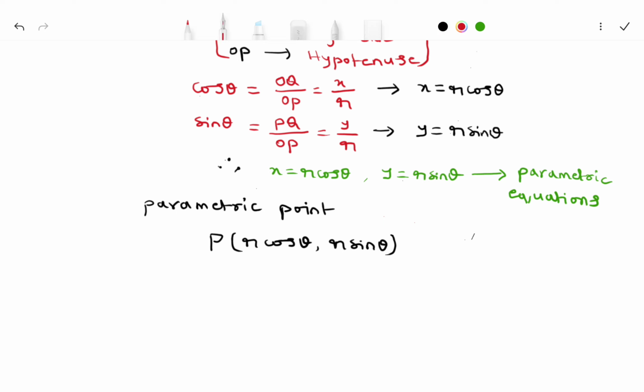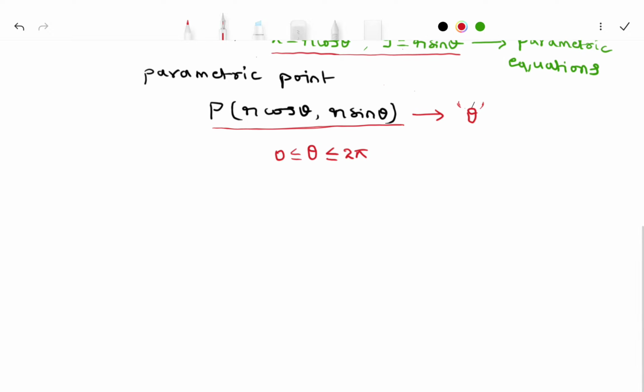Now here you can observe that if you know the parametric equations, you can write the parametric point. So the parametric point will be denoted by theta. What is theta? Theta value should always lie between 0 to 360 degrees, that is 2 pi.